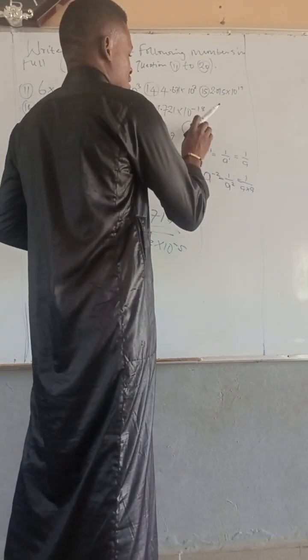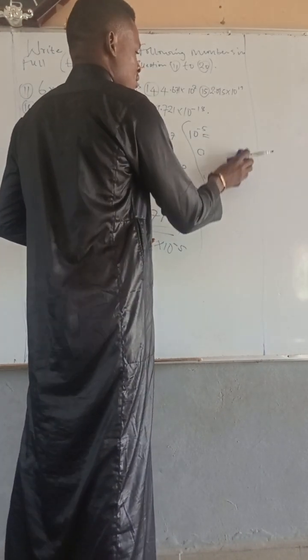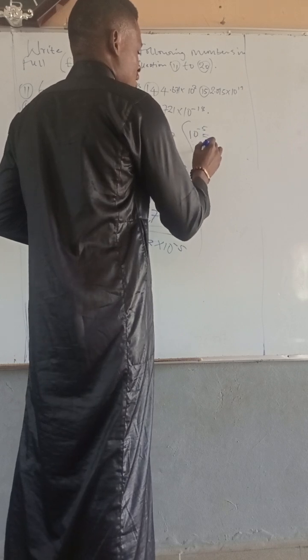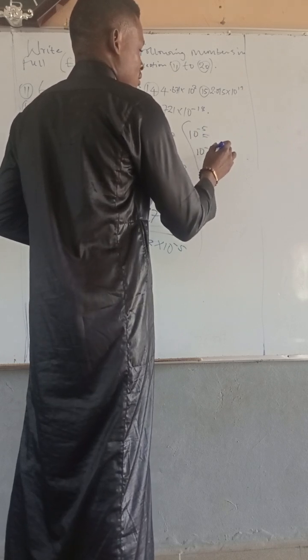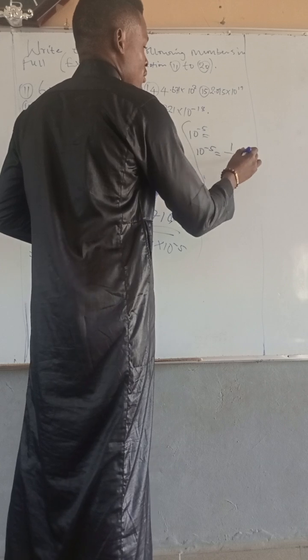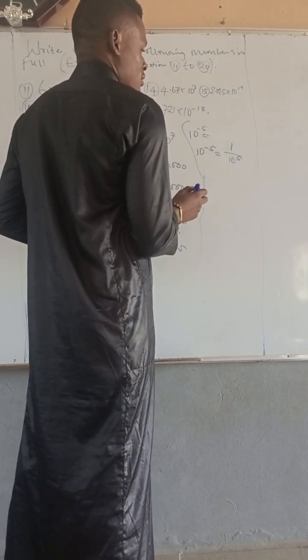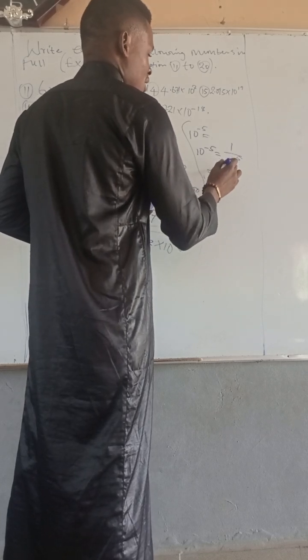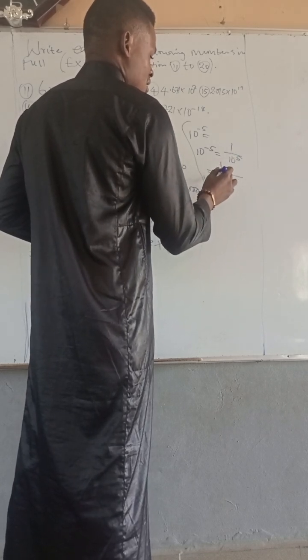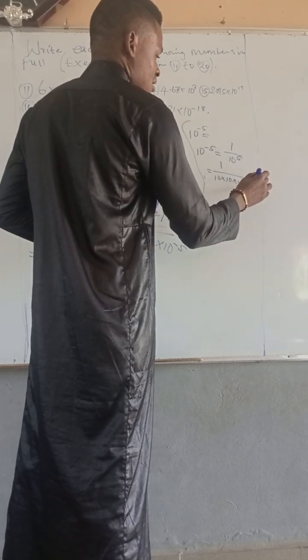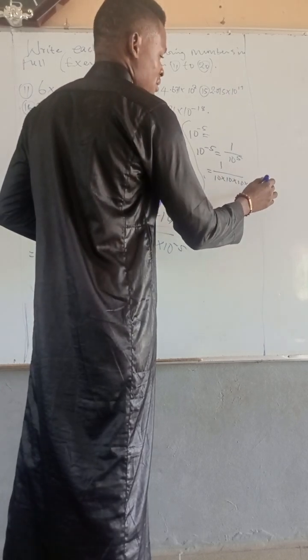So in this case now, we have 10 to the power of minus 5, which is going to be 1 all over 10 to the power of 5, which is going to be 1 all over 10 times 10 times 10 times 10 times 10 in 5 places.